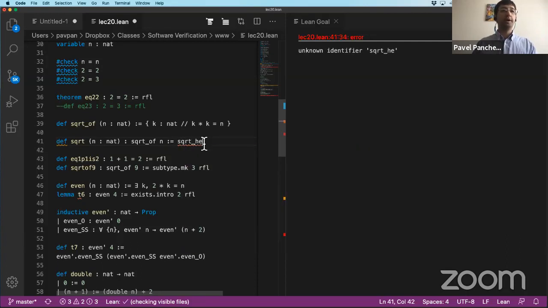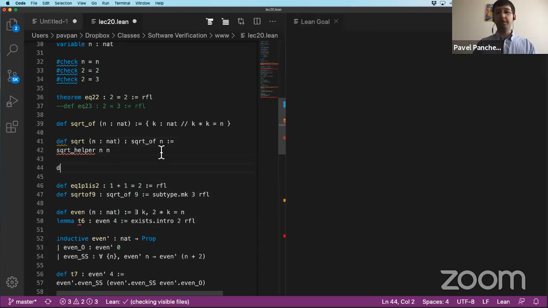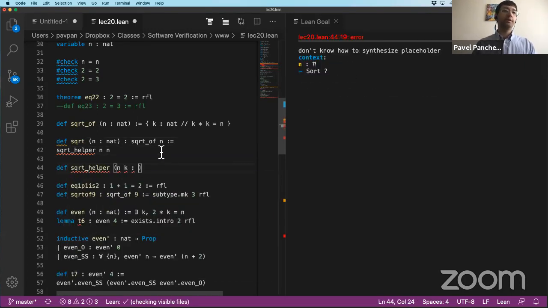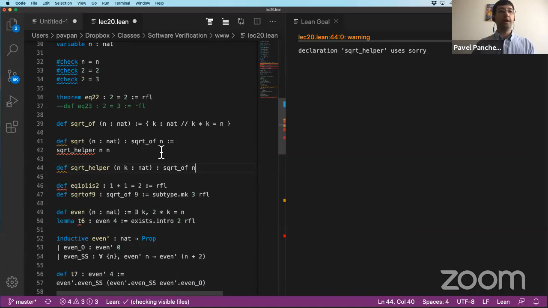I'm going to do it in a function sqrtHelper, and sqrtHelper is going to have 2 variables. It's going to be my functional programming equivalent of a loop. It's going to have n and k, and it is going to produce a square root of n.